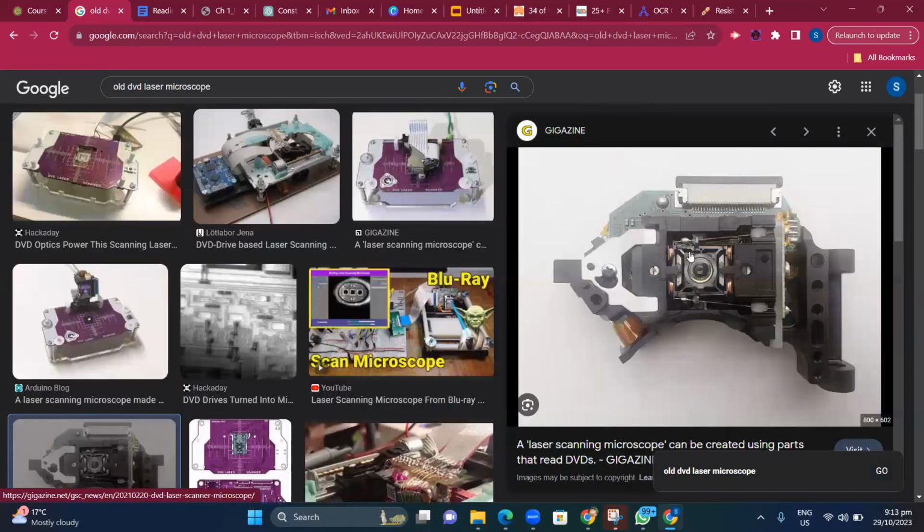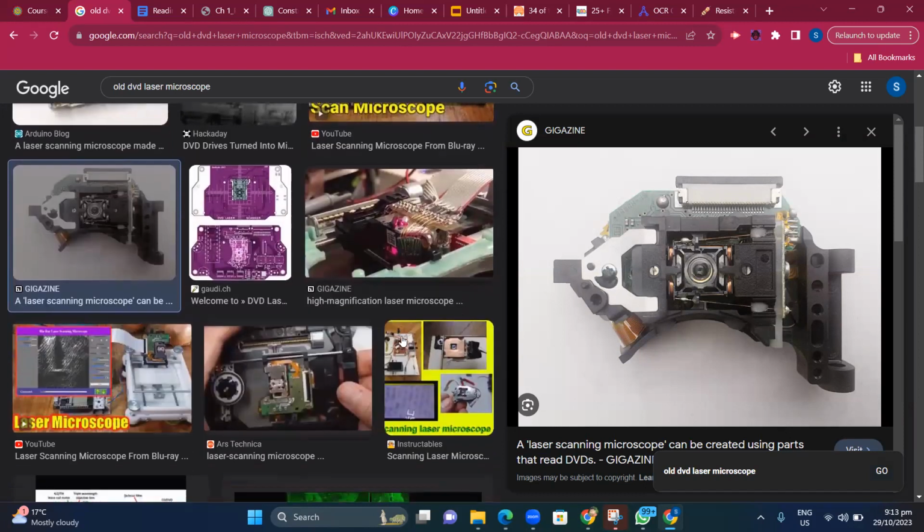This can be easily found in a DVD player, right? You can easily get this. You have to remove this part, only this part. You don't need any advanced mechanism, only this part, and then you can create a very simple microscope using this single lens. But that is very powerful.